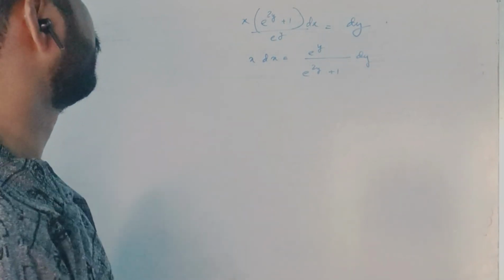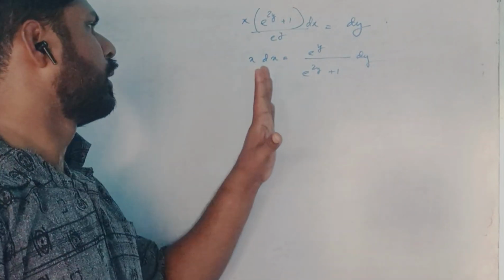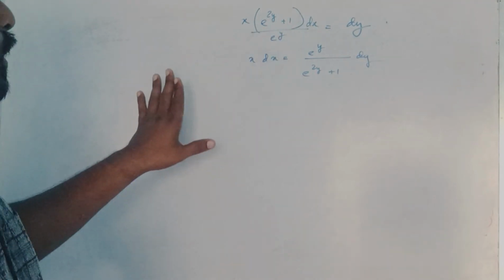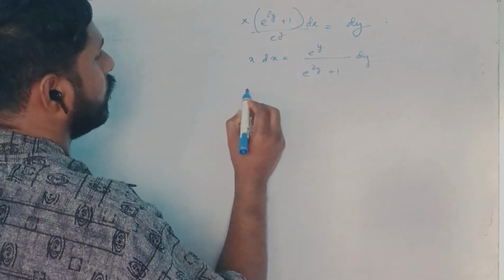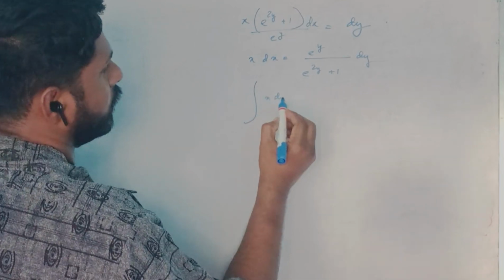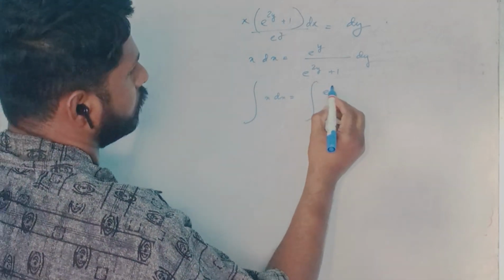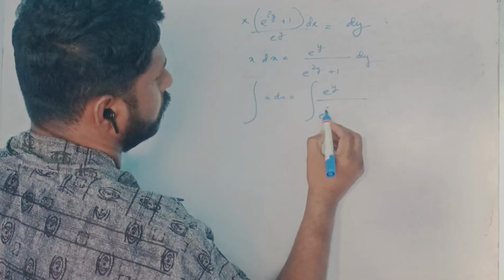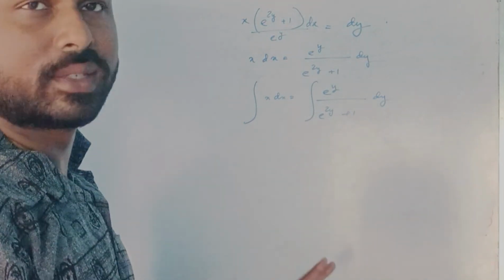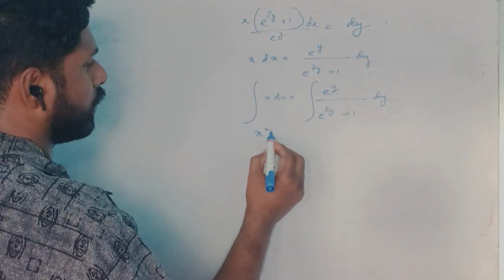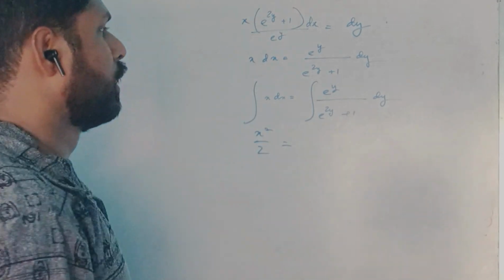Now we can see that x is to the left and y is to the right. Now we'll integrate both sides: integrating x dx, and integrating e^y by (e^(2y) + 1) dy.